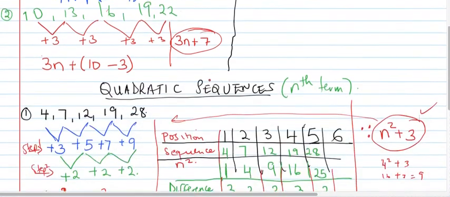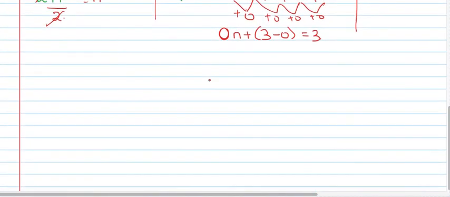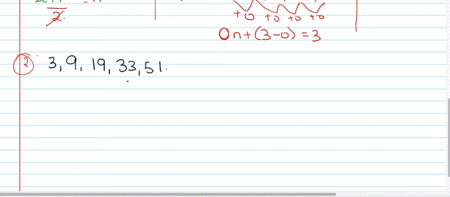Okay, let's try out another example, quick one for the quadratic sequence number 2. We can say 3, 9, 19, 33, 51. Let's test it and see. So here is plus 6, is 9.